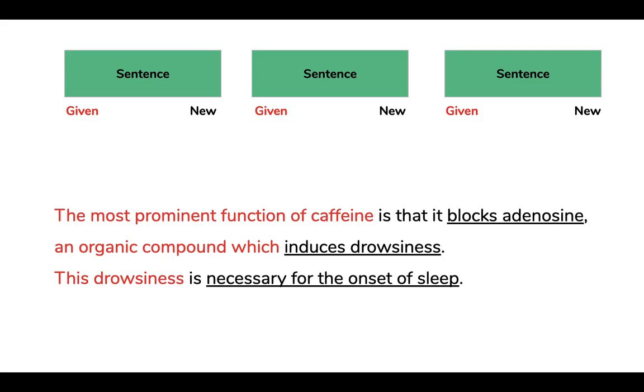And the inducing of drowsiness at the end of the sentence then becomes the given information in the third line. So here, the new information becomes old by the beginning of the next sentence. And that means that the new information is then becoming the given information of the next sentence.